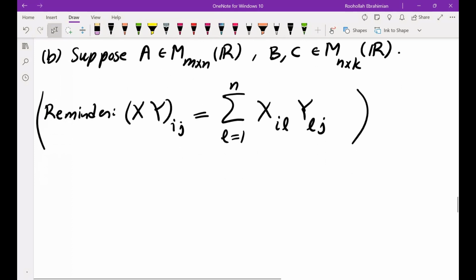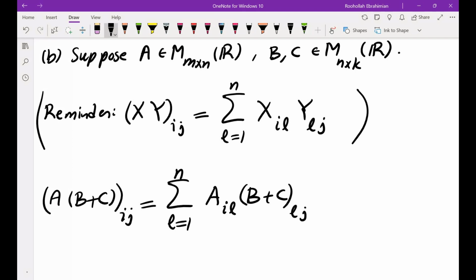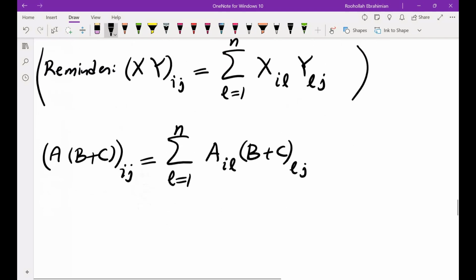We're going to use that, and this is something we discussed in an earlier video. So we're going to look at A times (B plus C), and we are going to look at the ij entry of that. This is equal to the sum l equals 1 to n of A_il times (B plus C)_lj. This basically comes from the definition of matrix multiplication.